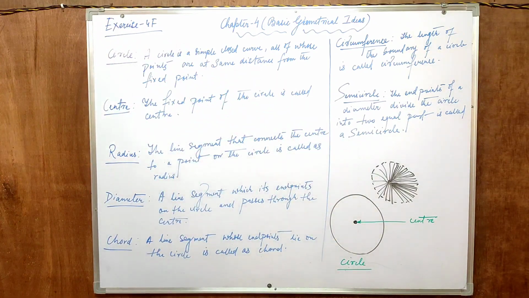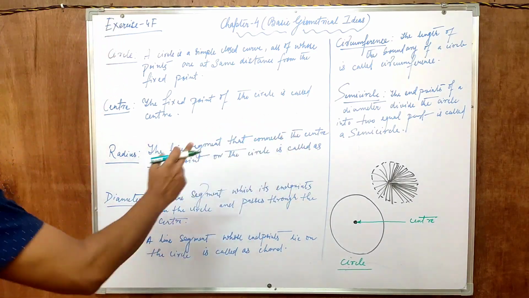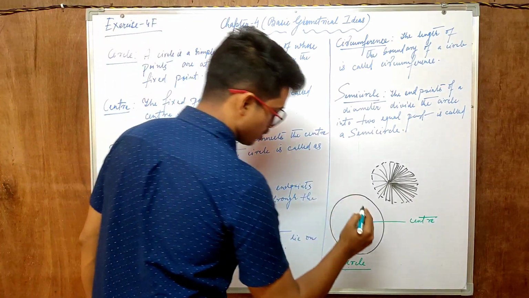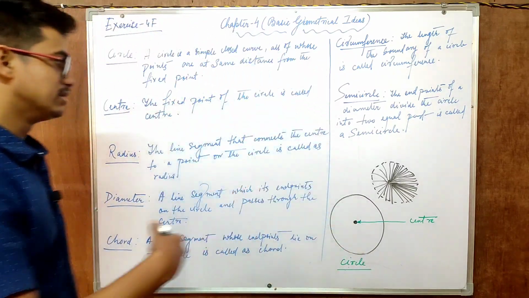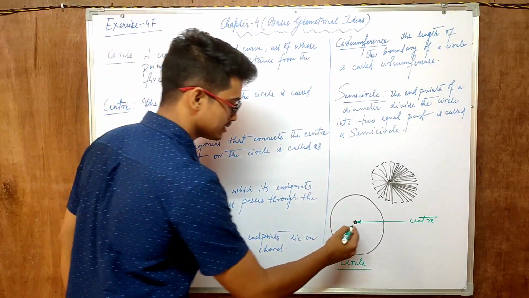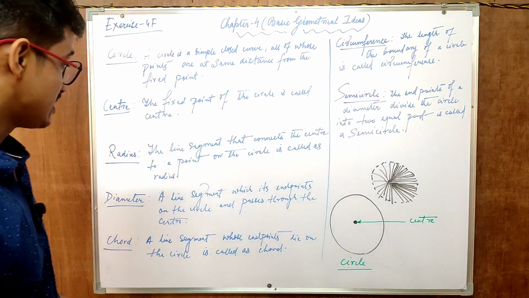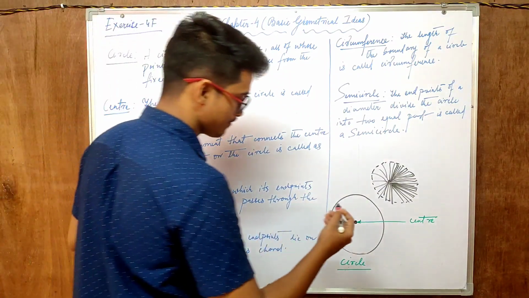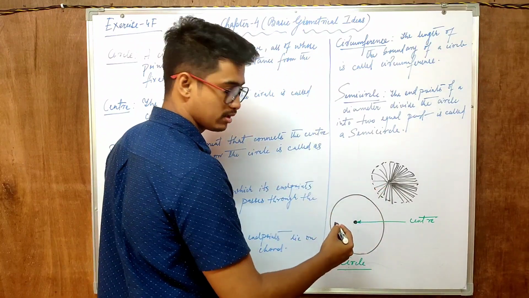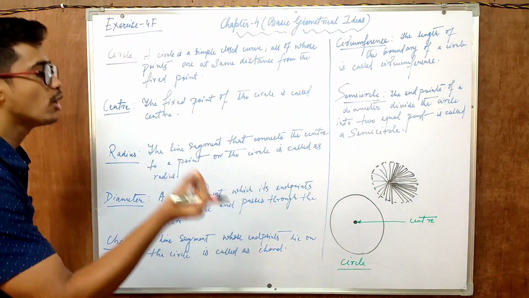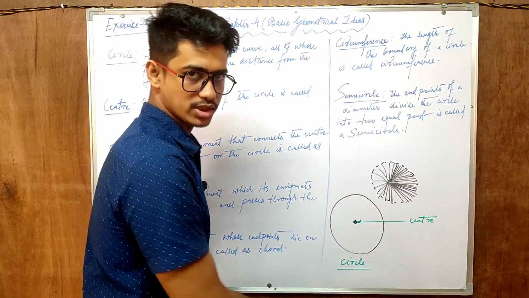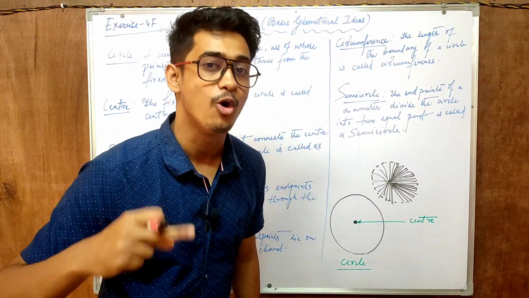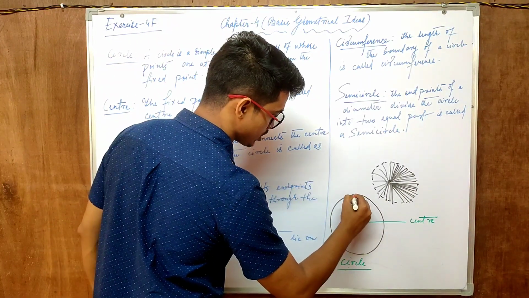After that, radius: the line segment that connects the center to a point on the circle. Where is the center? This is the center. Now this is the circle, and they want one point, any point which would lie on the circle. Let's say this point.